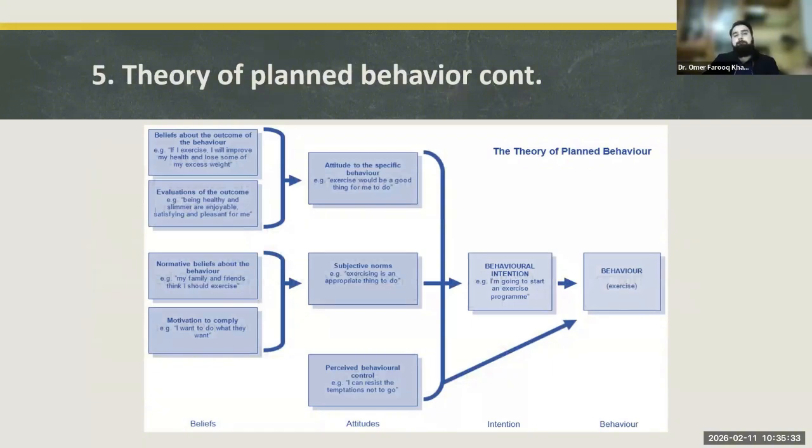So, the theory of planned behavior continued, as I already gave you an example of exercise. I have created this flow diagram. Beliefs about the outcomes of the behavior, for example, if I exercise, I'll improve my health and lose some of my excess weight. Then, evaluation of the outcome: being healthy and slimmer is enjoyable, satisfying, and pleasant for me.